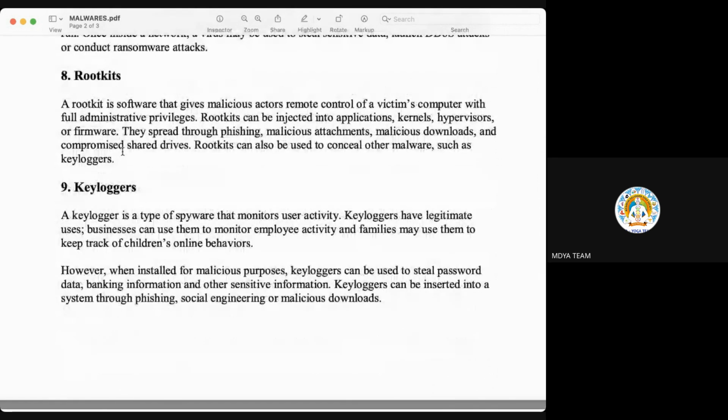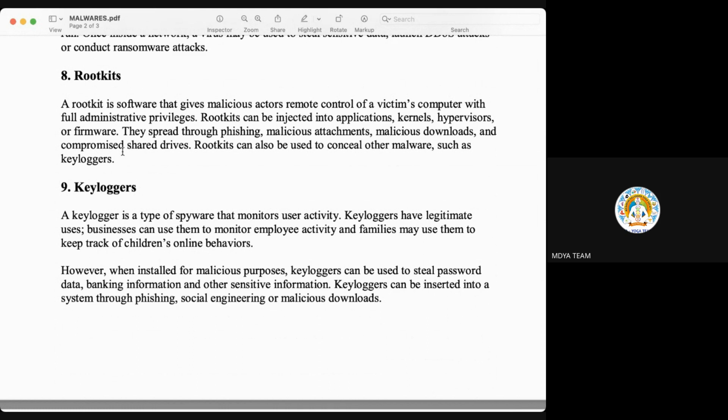Then rootkit is again a software that gives malicious actors remote control of the victim's computer. They control your computer. They have full access to your system with full administrative privileges. So it can be injected into the application, kernel and all.